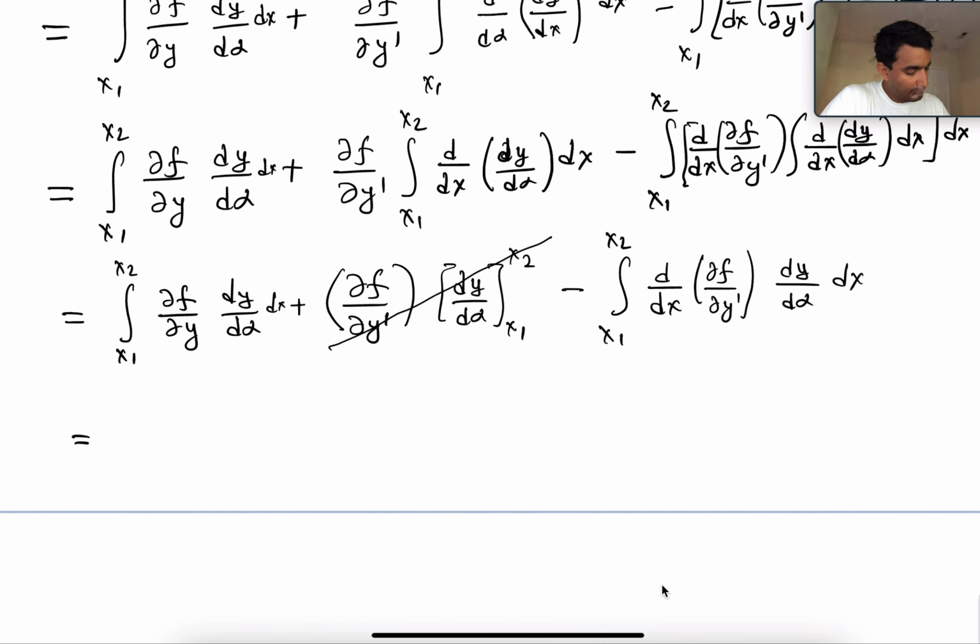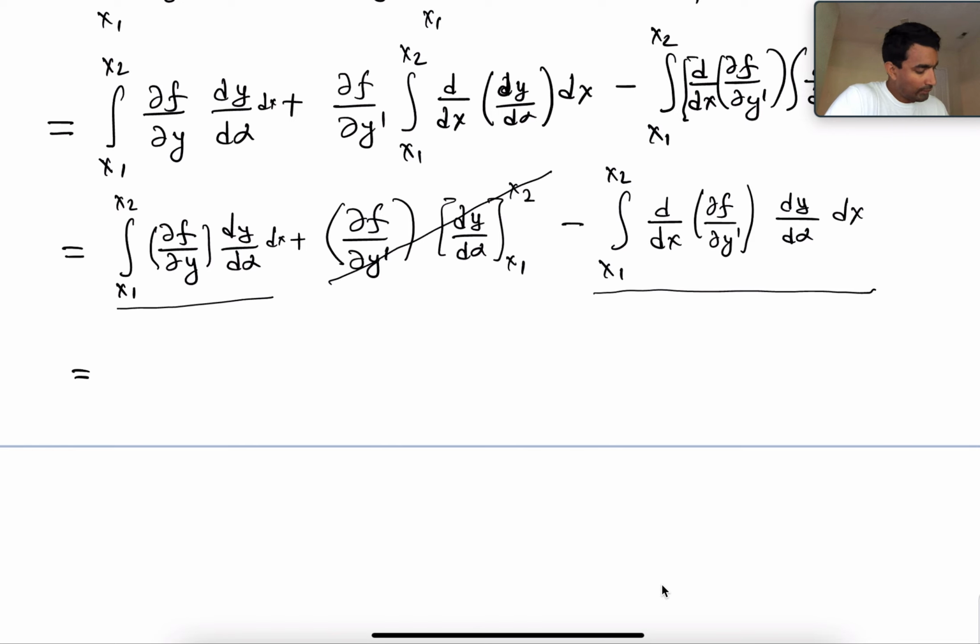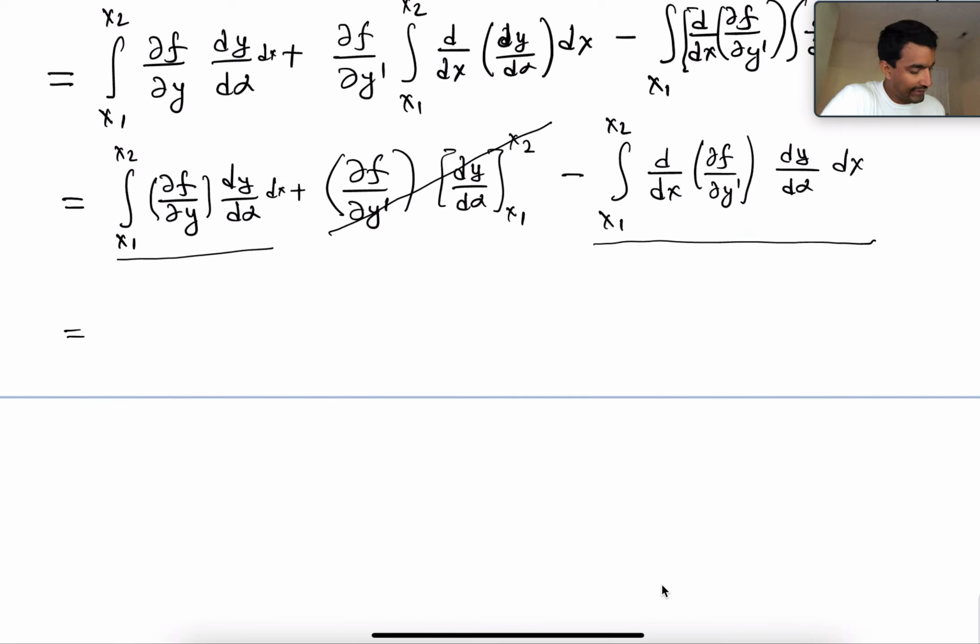Now you can also see that in the first term here and this last term here, both these terms have a dy by d alpha dx. This is the reason we did this integration by parts. So now both these terms are being integrated from x1 to x2. They have some function, and apart from that function, we have dy by d alpha dx in both these quantities. So what we are going to do is take the common parts together and write this as the integral from x1 to x2.